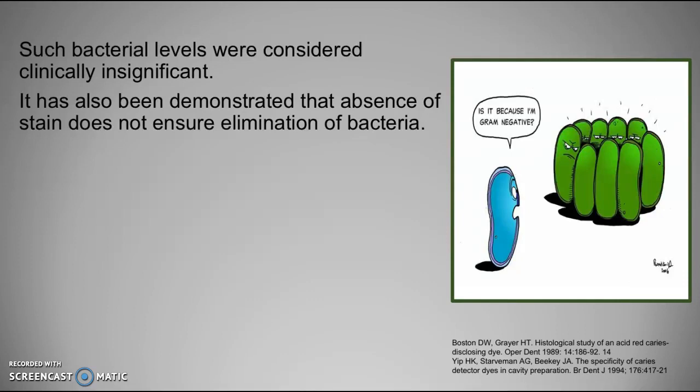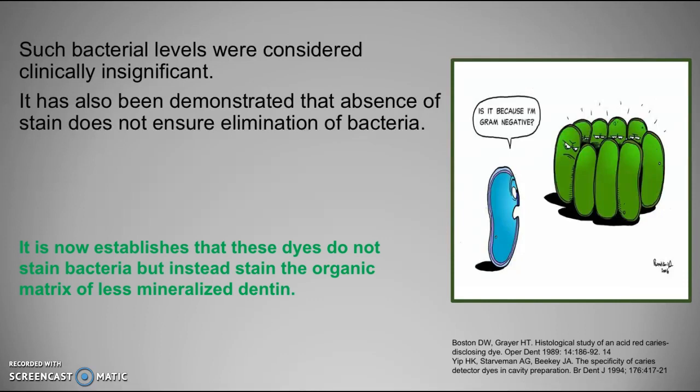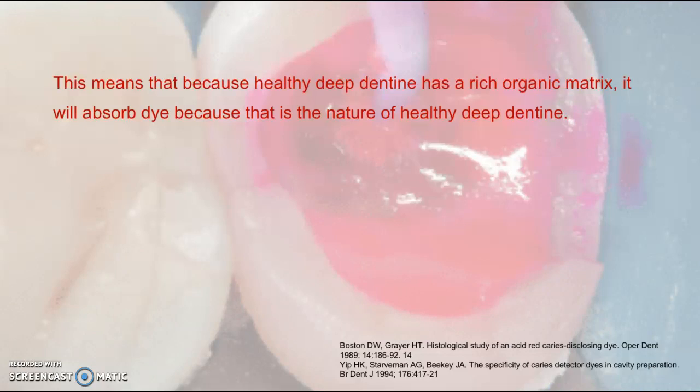It has also been demonstrated that absence of stain does not ensure elimination of bacteria. It is now established that these dyes do not stain bacteria, but instead stain the organic matrix of less mineralized dentine. So, staining what we think is the carious lesion, the caries and healthy dentine are both stained.